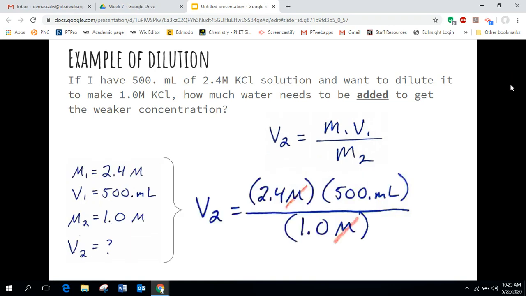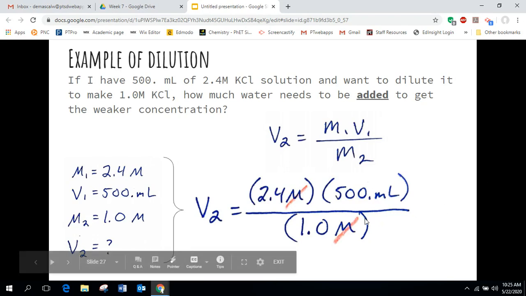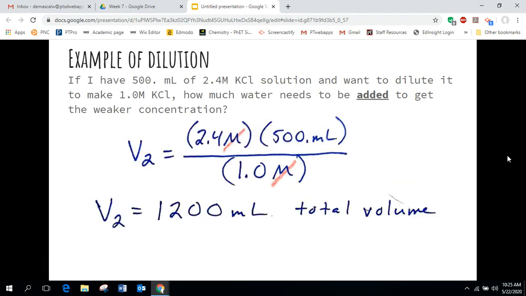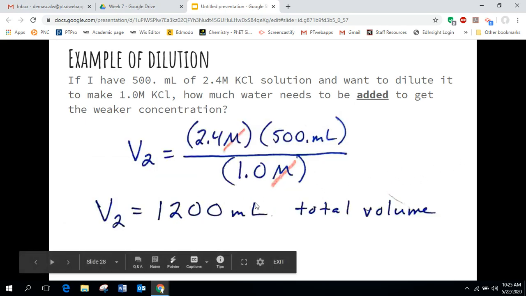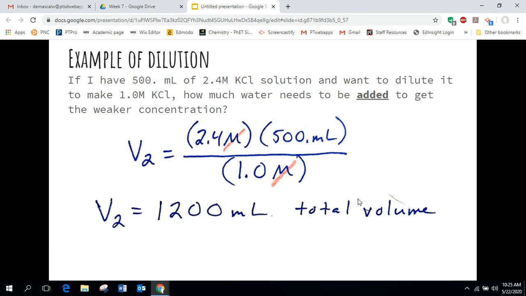We know we have 2.4 molar, 500 milliliters of it. We want to get 1 molar. Notice your molarities will cancel. If we multiply this out, we end up getting an answer of 1,200 milliliters. Now be careful. It asked how much water needs to be added.